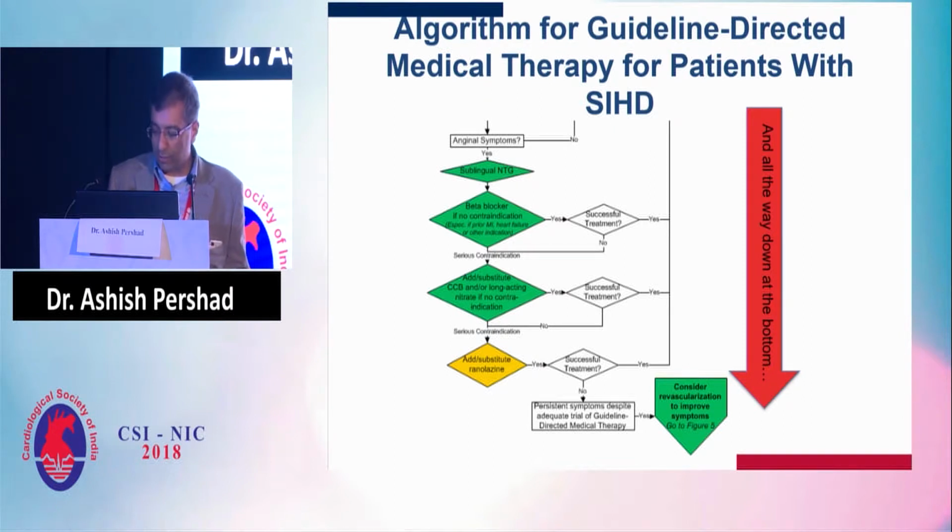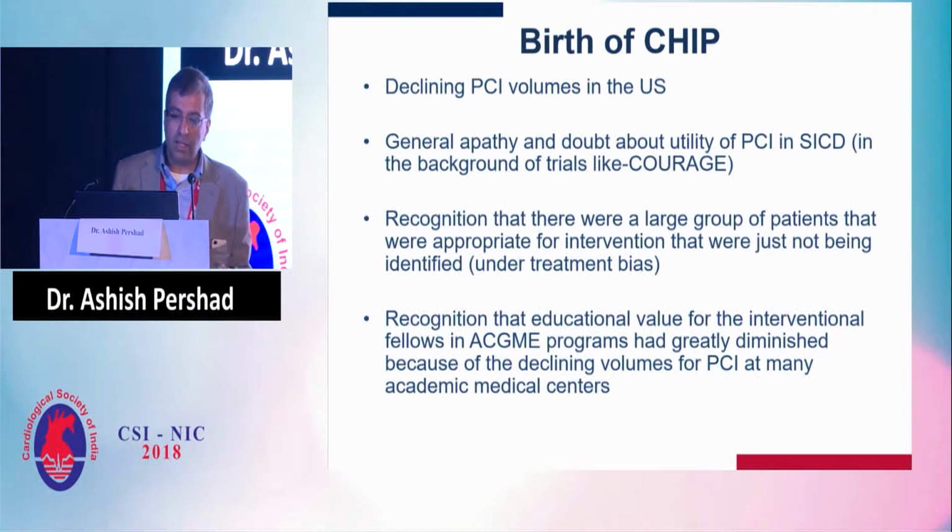Ajay talked a little bit about this being Jeff's vision, but I think he's being humble. He was very much involved in the process. And the birth of CHIP really was predicated on these four things. One, the PCI volumes in the US were precipitously declining, with internists, the New York Times, the lay press, and heart failure specialists all looking at PCI in a very suspicious way and not referring cases even when appropriate.